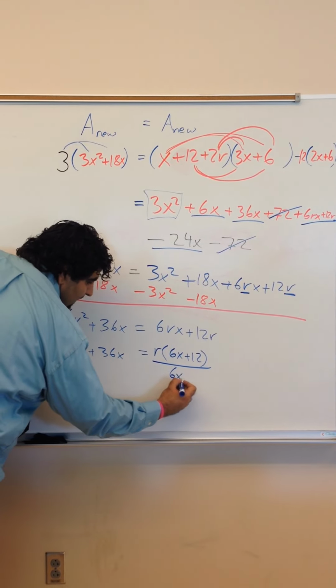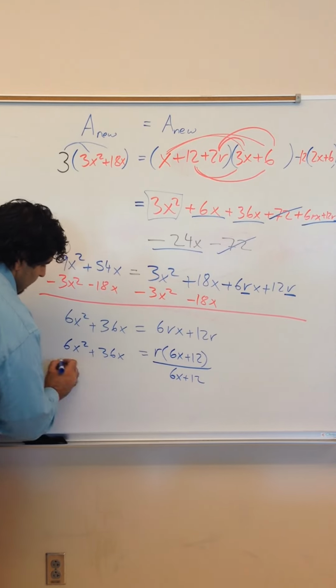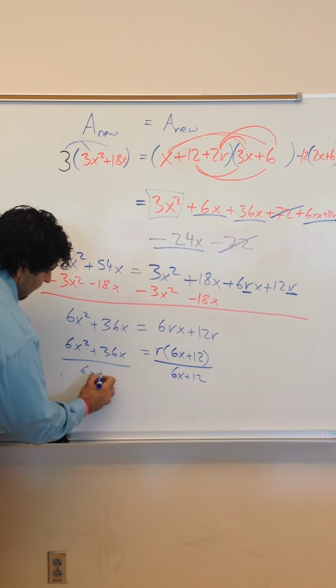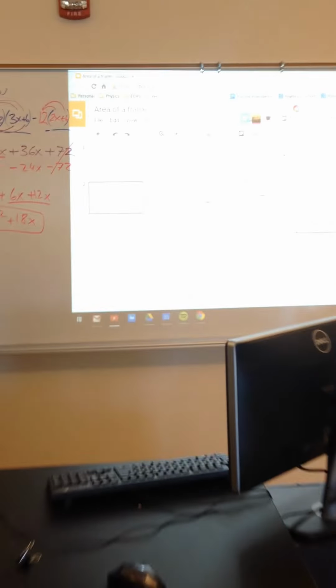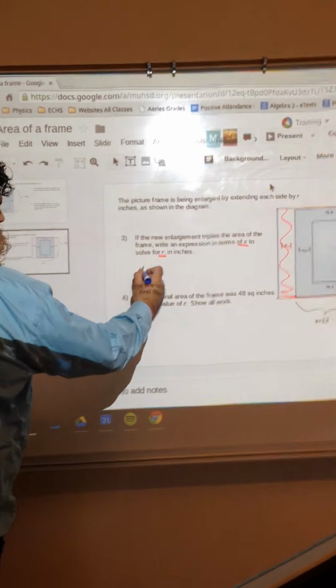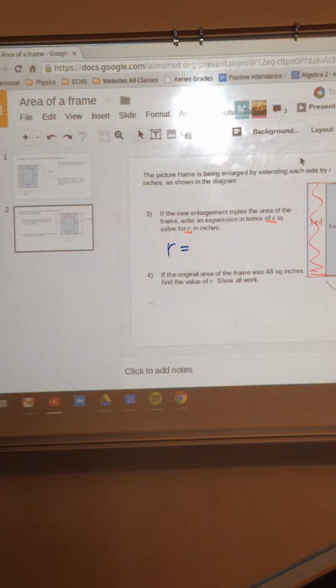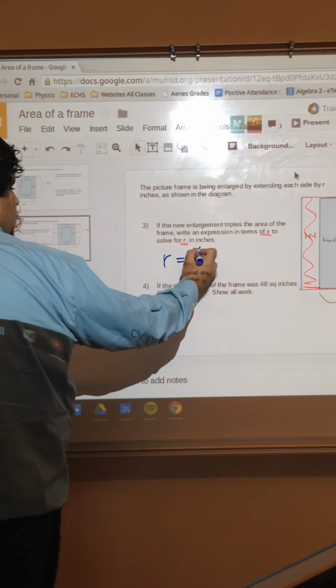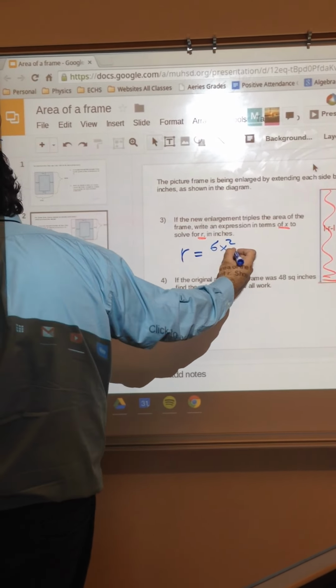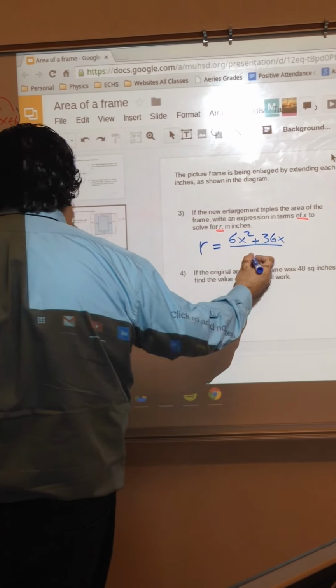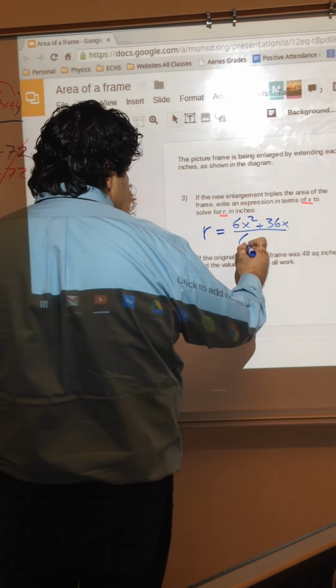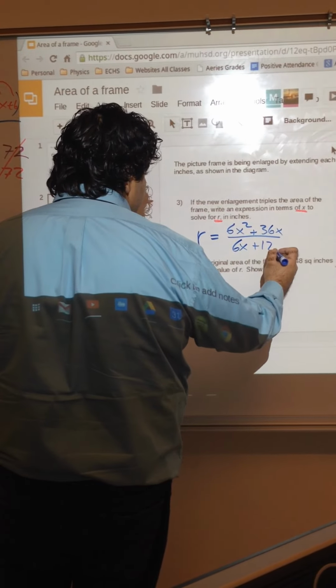Dividing both sides by 6x plus 12 allows you to get r by itself. We have r equaling 6x squared plus 36x divided by 6x plus 12.